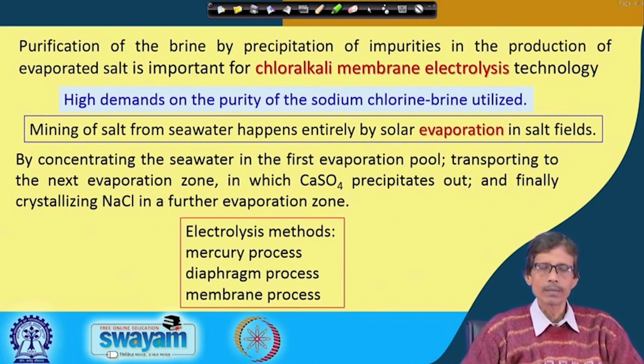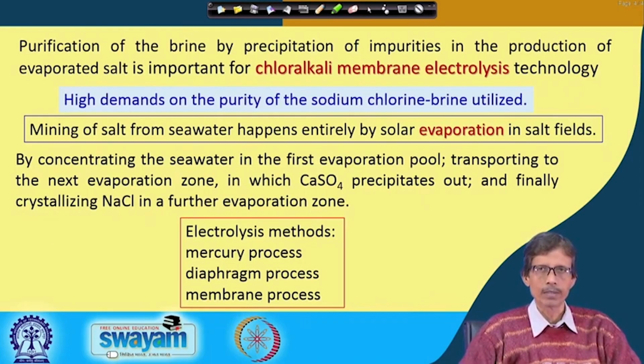It is reasonably pure, and we can use the electrolysis technique. These electrolysis methods are of three types, depending upon the ease, the availability of the material, and the cost involved in introducing a particular process for the industry.